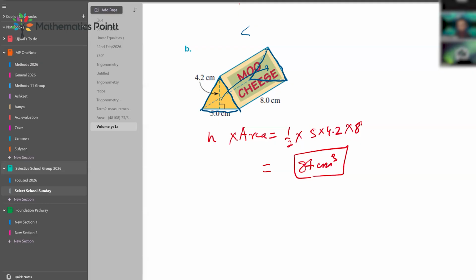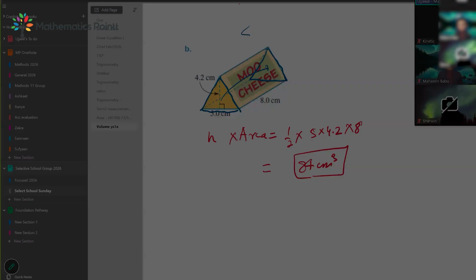All right. Let's try one more, right? Very, very similar. You need to identify what the base is and then give me the answer, right? Let's try this one.